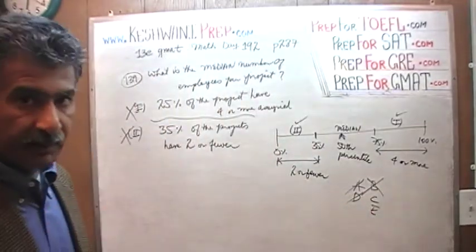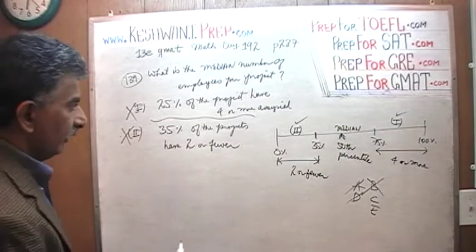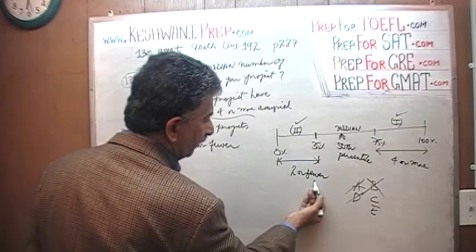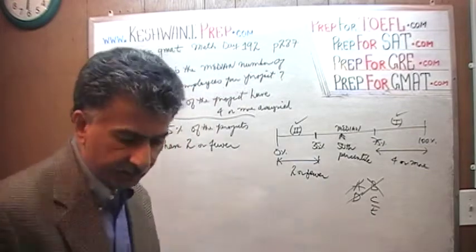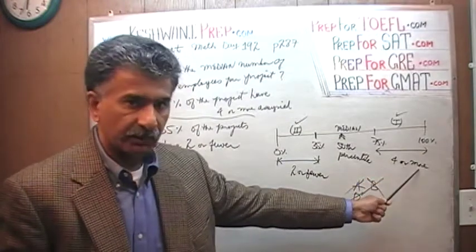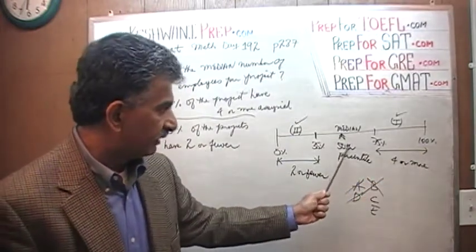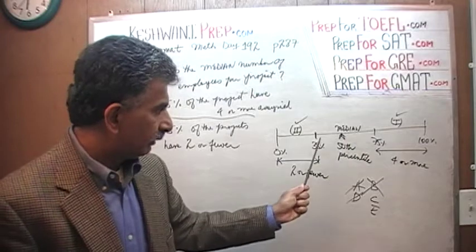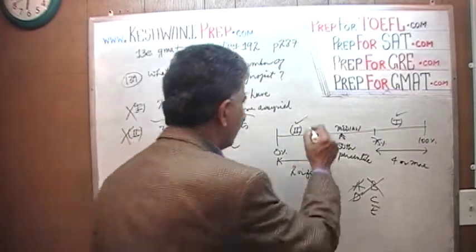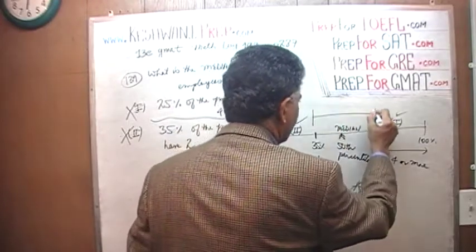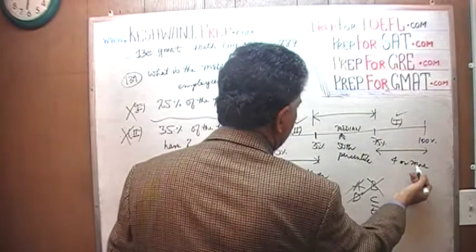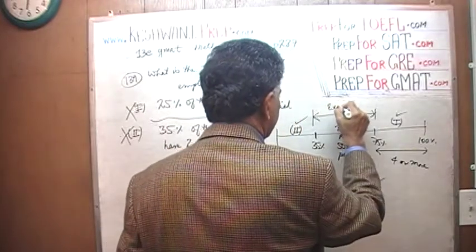But when we put them together, now we have enough information. If this is the bottom 35% where we have 2 or fewer people working on a given project, and here we have the upper 25% of the projects where we have 4 or more people, the 50th percentile must fall right in the middle, from 35 to 75%. Here it is 2 or fewer, here it is 4 or more, so here we have exactly 3 people.